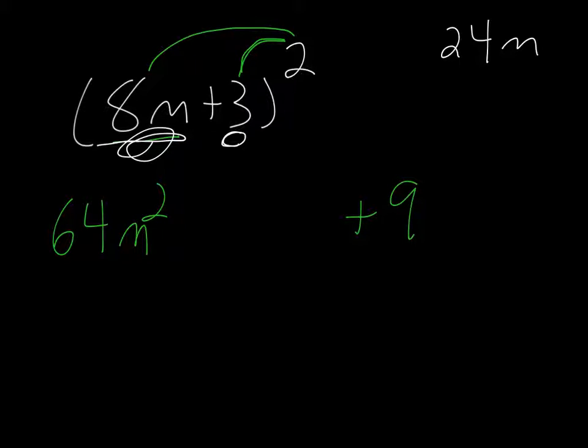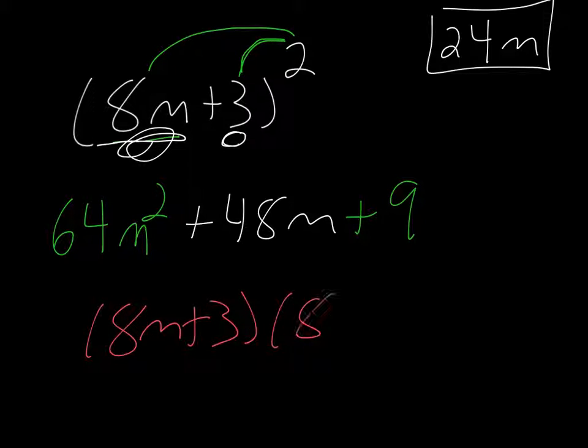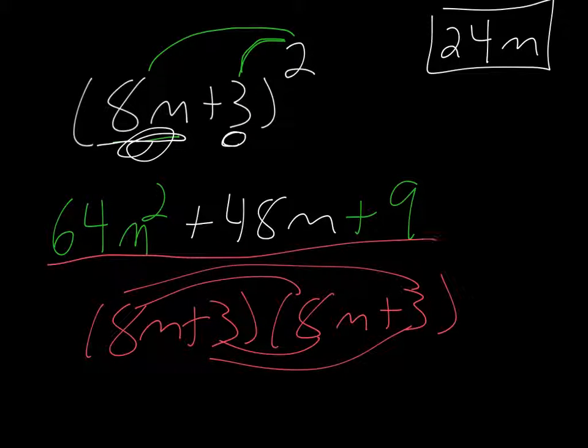So now I need to take this 24m and double it. So when I double 24m, I'm going to get 48m. Again, that's just a shortcut way of doing it. You could have just written it out like 8m plus 3 times itself. And you could have just gone and distributed the way that we always do, and after you combine like terms, you still would have come up with this answer.